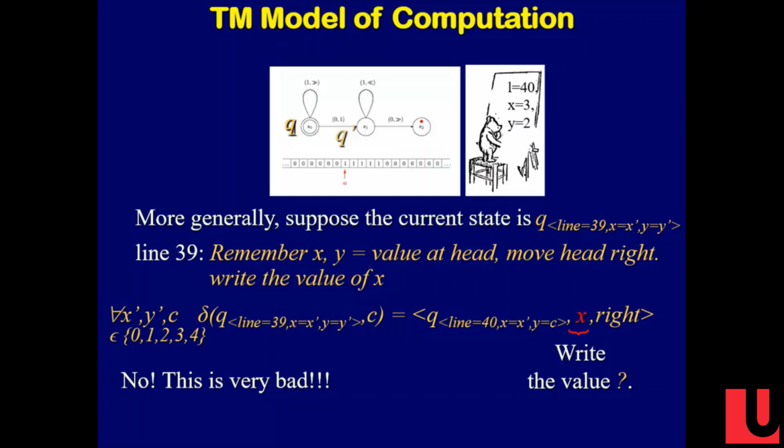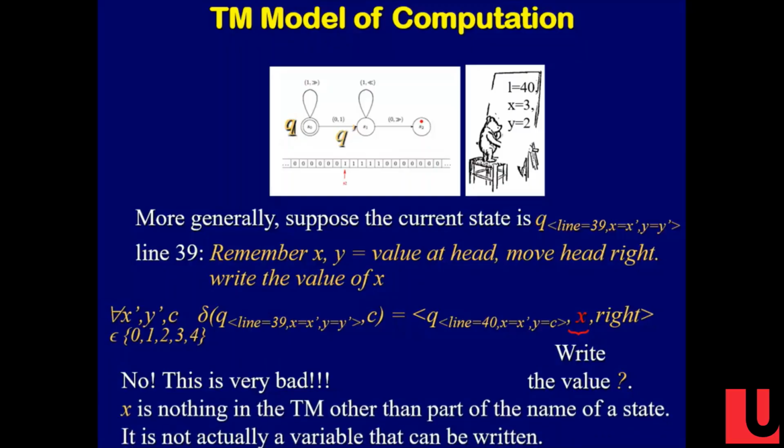Everybody see how wrong it is? X has no meaning whatsoever. We need to write here 0 or 1 in the table. And what's 0 or 1? Well, the X prime is 0 or 1. So X has nothing to do with the Turing machine other than the name of the states. It's not actually a variable to be written. Everybody getting this?